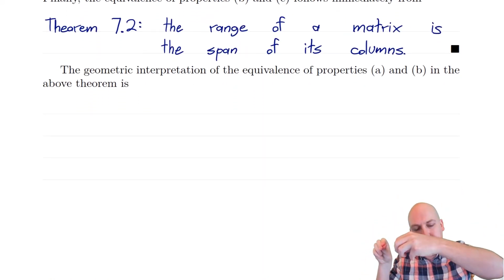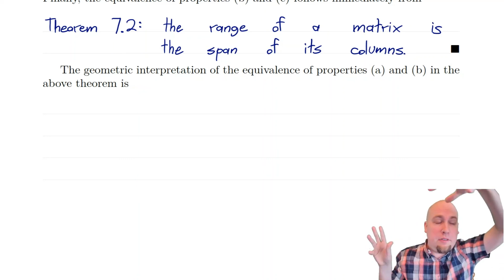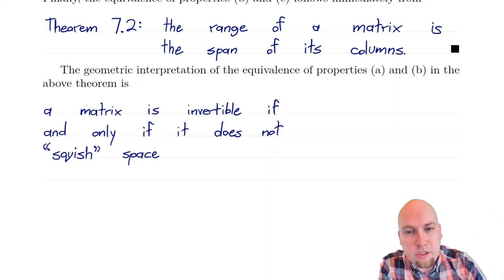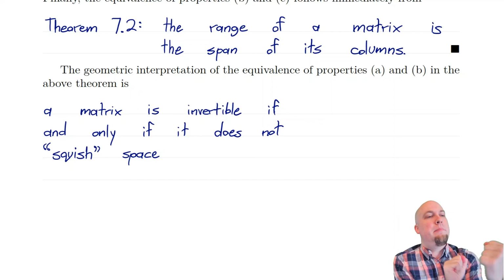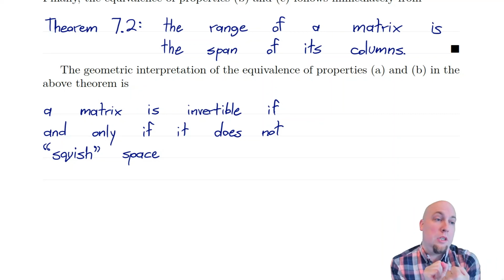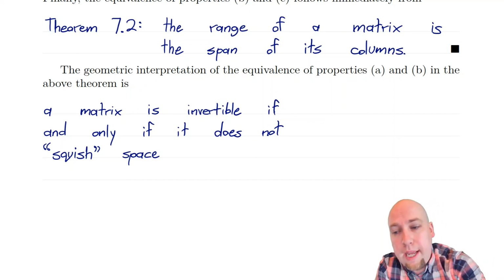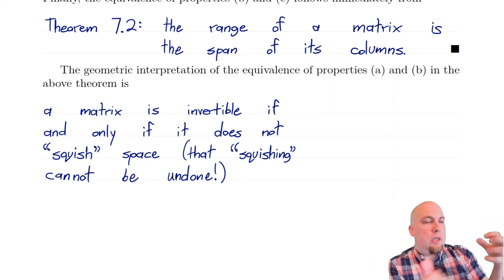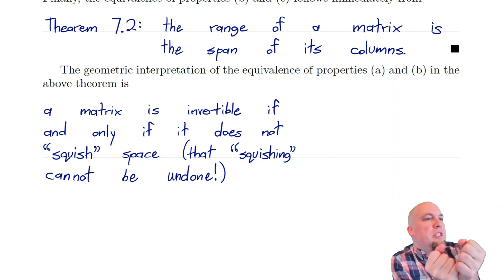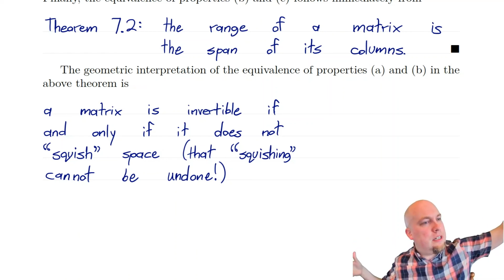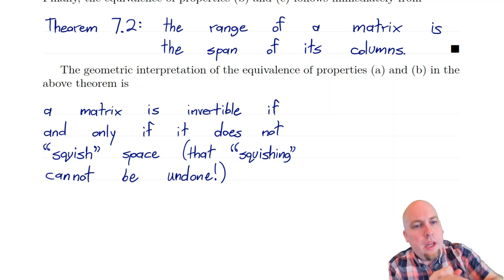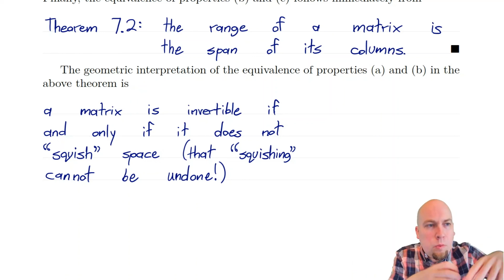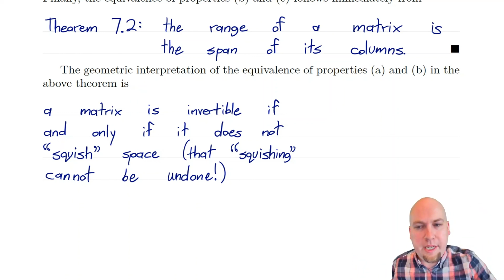It sends n-dimensional space to n-dimensional space rather than squishing it down to a lower dimensional space, some n-1 dimensional or smaller subspace. Because if it did squish space down like that, then it wouldn't be invertible, since you can't undo a squishing like that. When you squish a higher dimensional space into a smaller dimensional space, you throw away information.